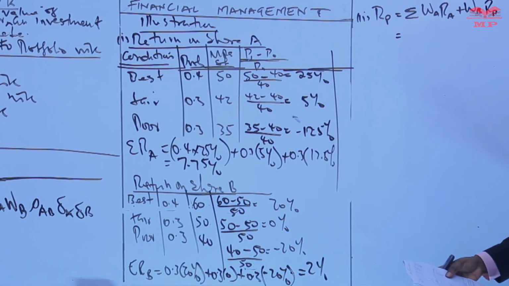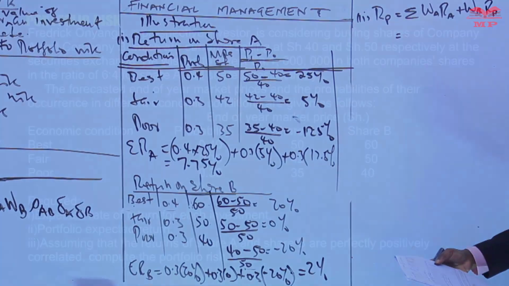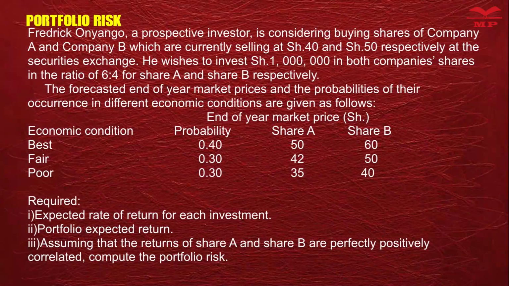Look at the question. It reads that he wishes to invest 1 million in both companies in the ratio of 6:4 for share A and share B respectively.